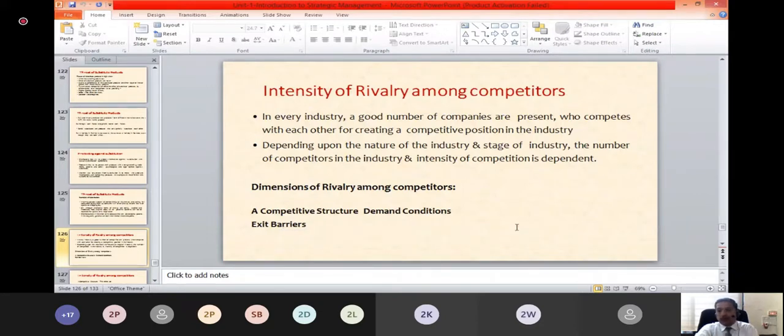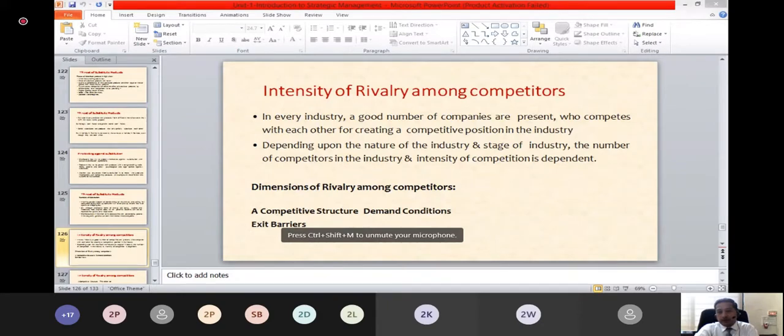If the intensity of rivalry among the competitors is high, then it is difficult for a new entrant to enter the industry, and the industry becomes unattractive for entry. Therefore, this intensity of rivalry among the competitors is very important.